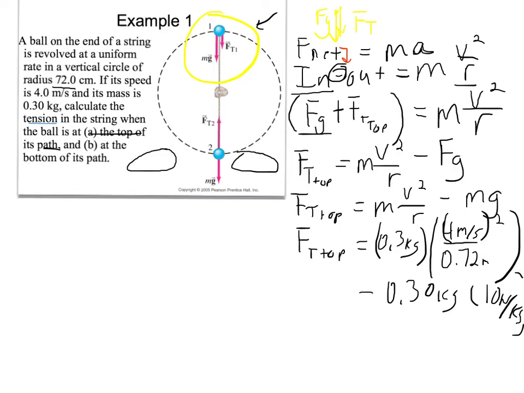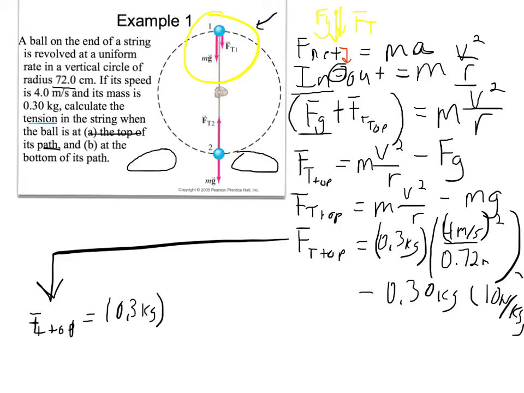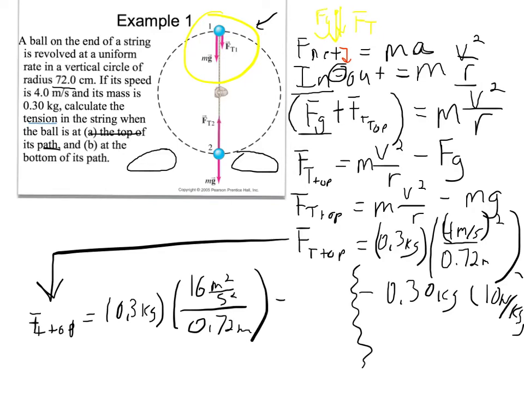So now I'm just going to give up on using this slide again. Let's start multiplying things. So I've got force of tension at the top equals my mass, 0.3 kilograms. 4 squared is 16, so 16 meters squared per second squared over 0.72 meters, minus, I don't want to get this mixed up, 0.3 times 10 would be 3, so minus 3 newtons.